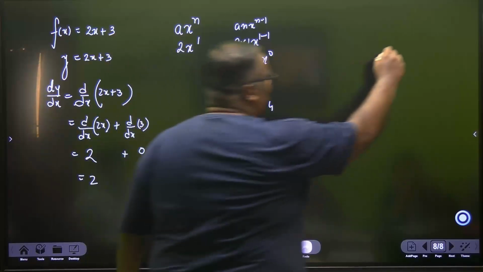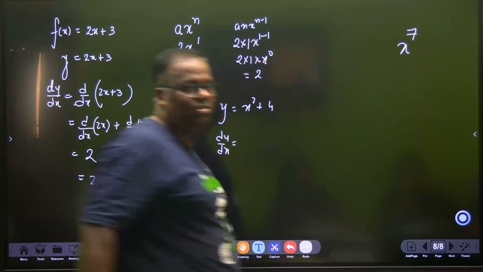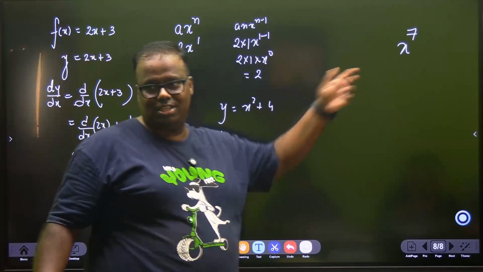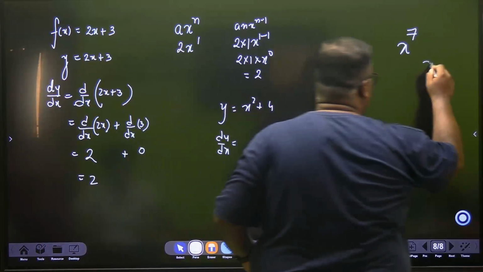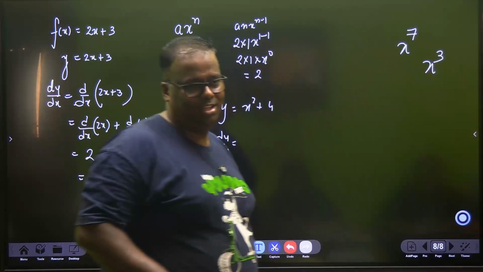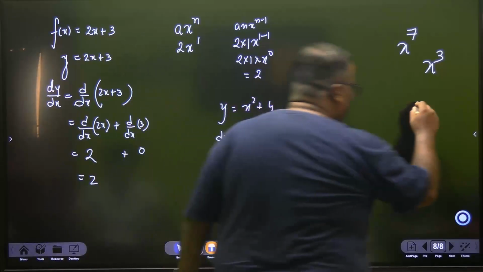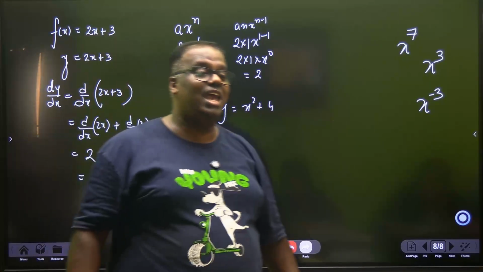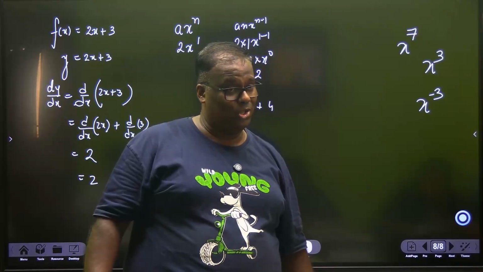What is the derivative of x to the power 7? 7x to the power 6. Did you understand? What is the derivative of x cube? 3x square. What is the derivative of x to the power minus 3? Minus 3x to the power minus 4.